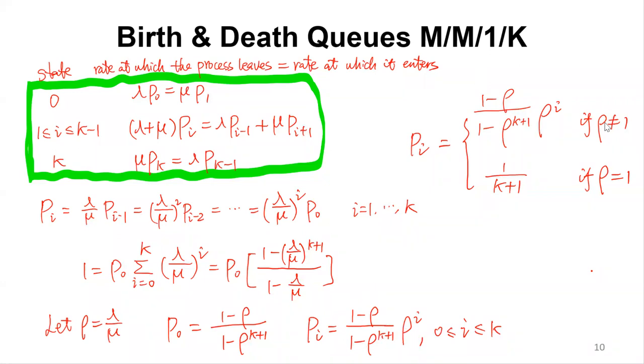If rho doesn't equal 1, because rho to the power 0 equals 1, Pi equals this equation. If rho equals 1, lambda equals mu, then the probability of being in each state is equal, 1 over K plus 1.